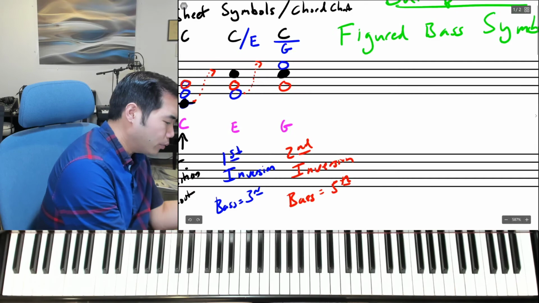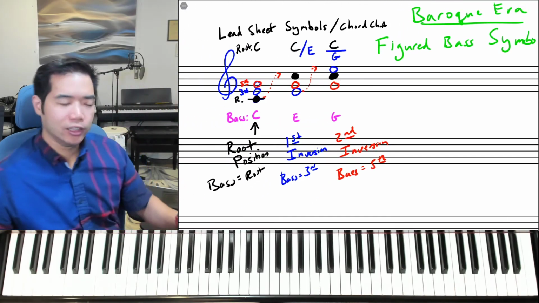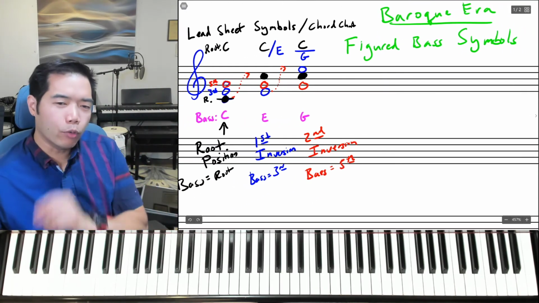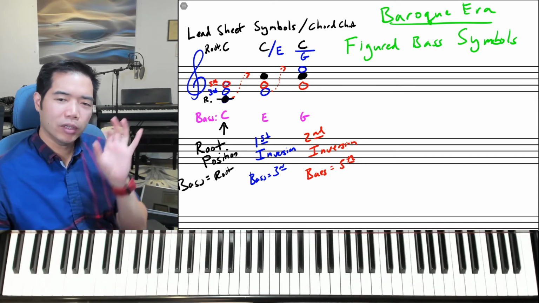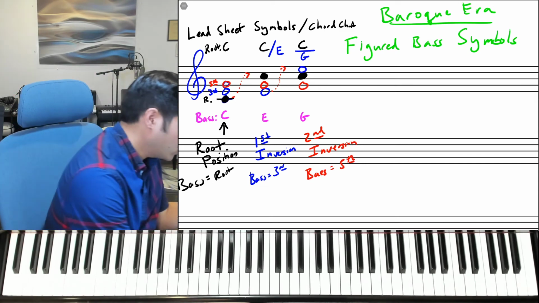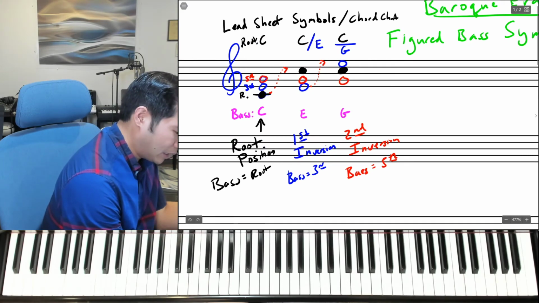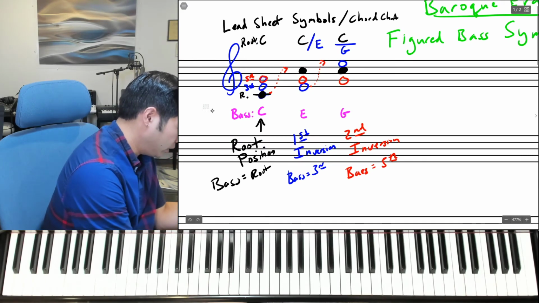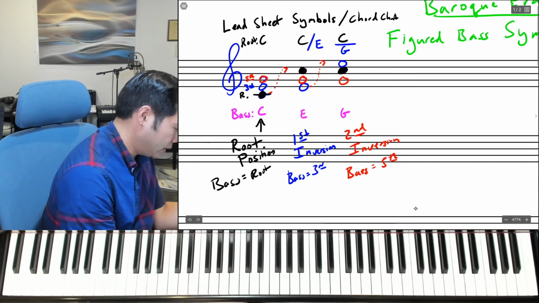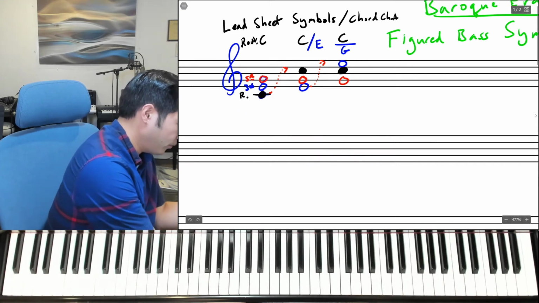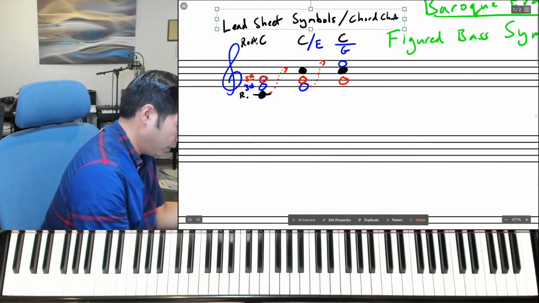Figured bass symbols tell us the same information, but they give us a little bit more information in addition, and they tell it to us in a slightly different way. So let me show you. We're going to take the same examples here, and to do this, I'm just going to erase all of this, just to give ourselves some room, and get rid of this too.